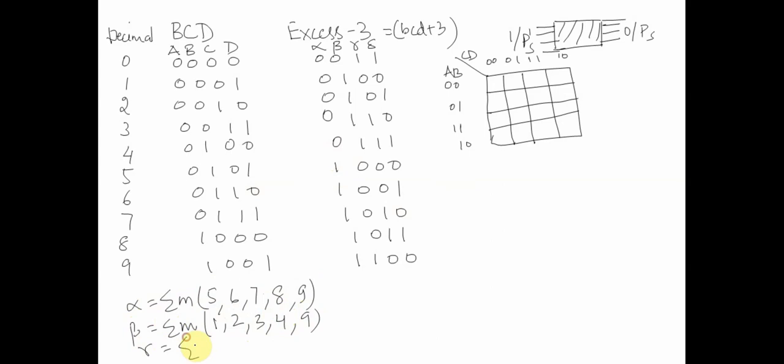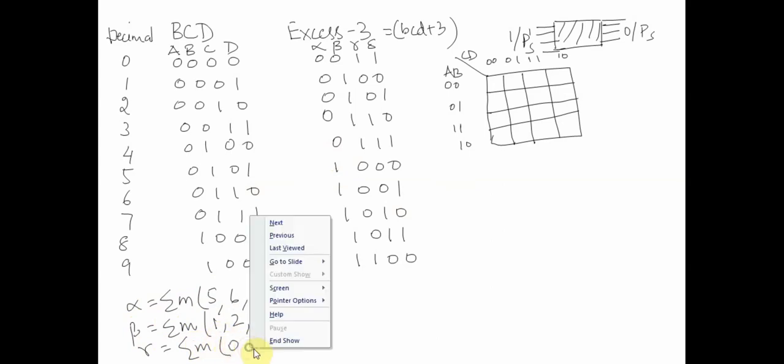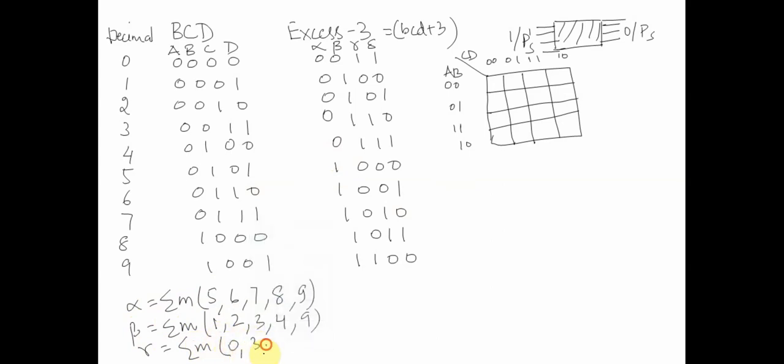Gamma is summation m 0, 3, 4, 7, 8, and my delta is summation m 0, 2. Right, so basically m5 is nothing but 0 1 2 3 4 5 6 7 8 and 9.